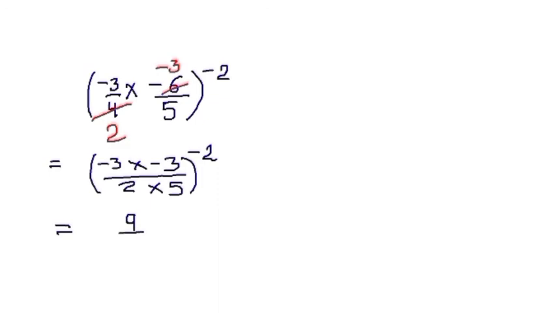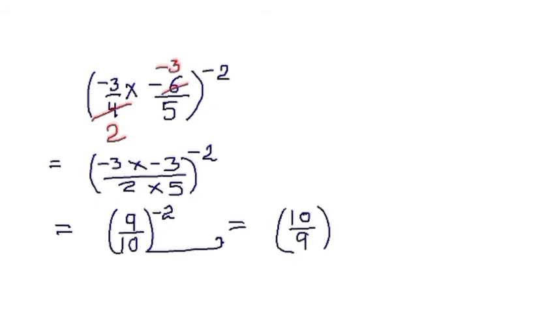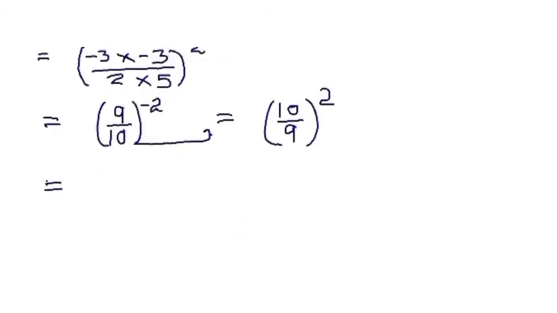Denominator is 2 5s are 10 and power is minus 2.